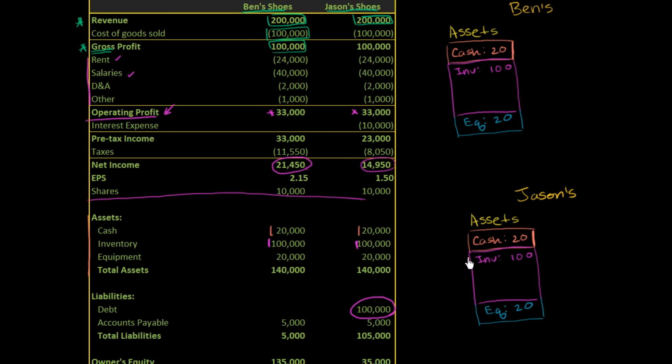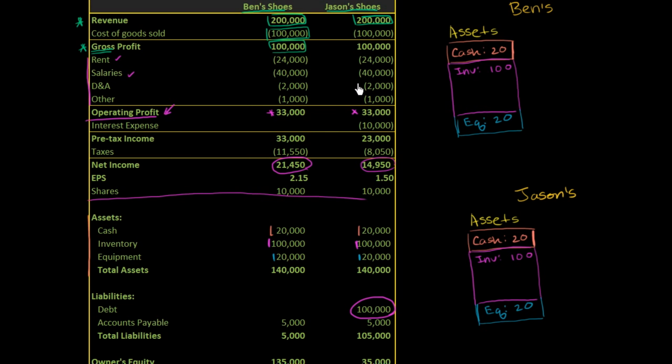And they both have $20,000 of equipment. So their assets are the same. The things that are actually generating the revenue and the profit are the exact same thing. We're assuming that they're also renting in very similar locations. That's what would have to happen for them to have such similar economics.